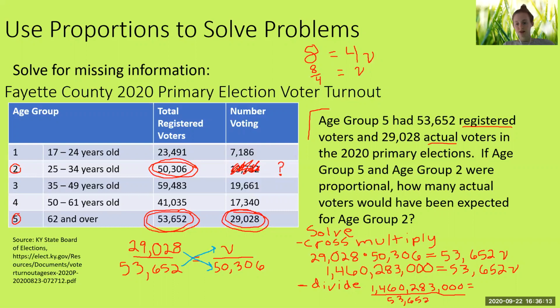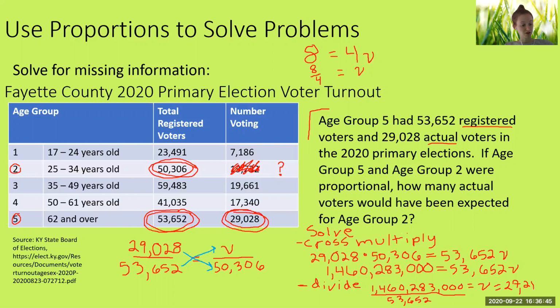And that will tell us what V is. So I'm going to go ahead, I'm going to do that calculation. I'm going to divide by 53,652, and I get 27,217.6. So I'm going to round that to the nearest whole person.